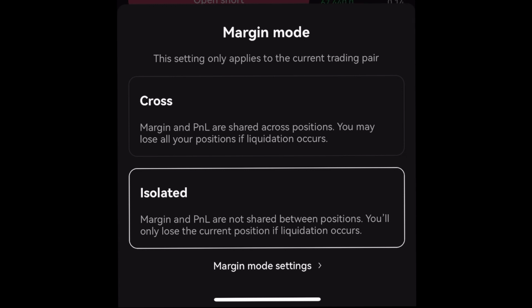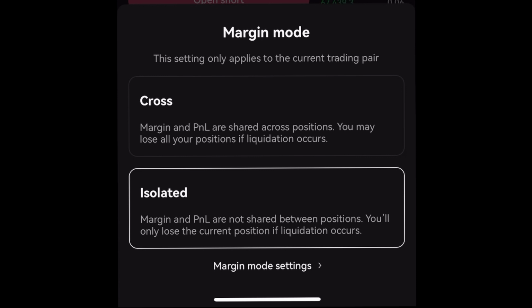It means that if you have, like, $500 in your capital and you have different positions, a position means a particular trade you have taken that is currently running. So let's say you have $500 in your futures trading account, and you enter a position with $100 and you have $400 left, and the price approaches your liquidation price, which means you are soon to be liquidated out of the market.